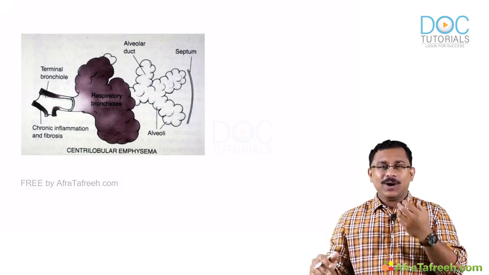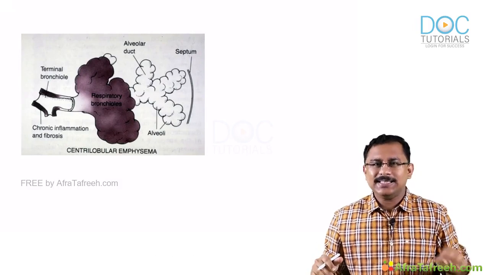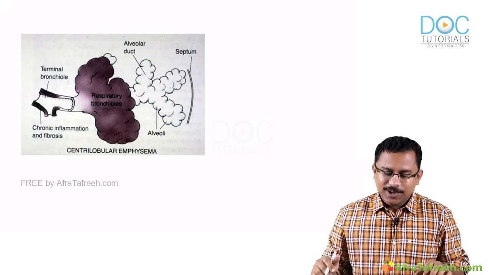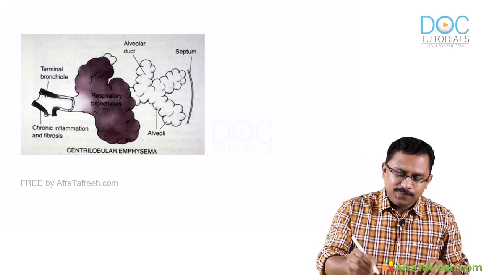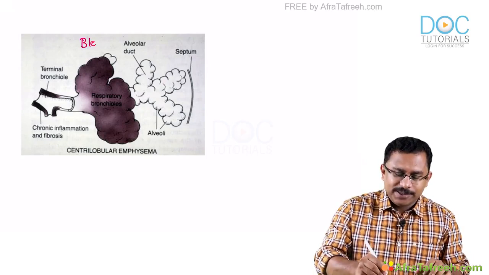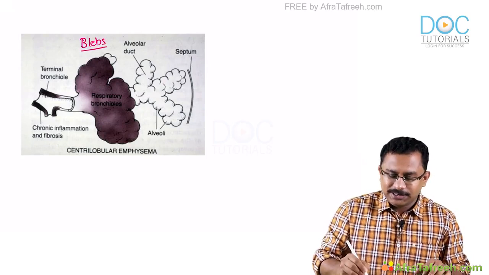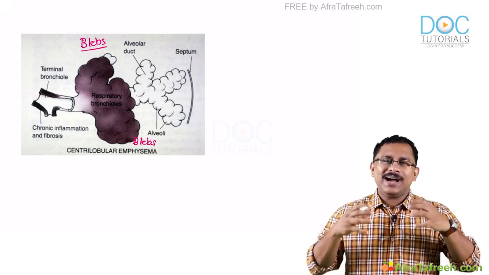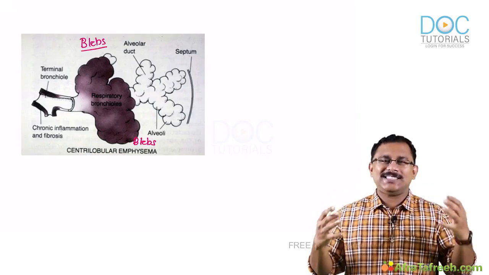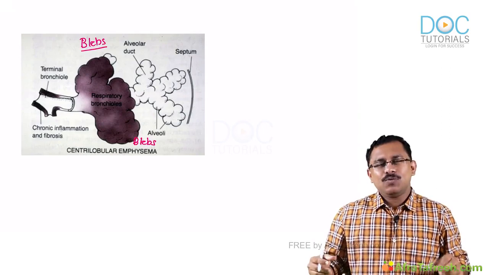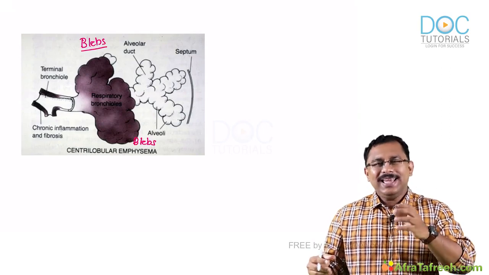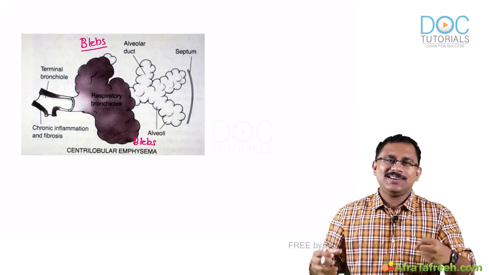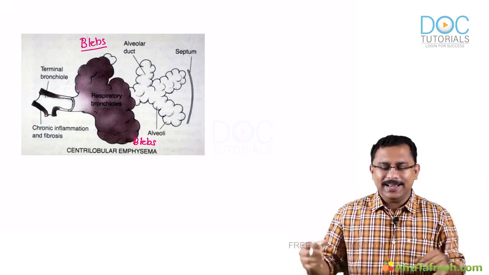Okay, so we are trying to understand the gas exchange abnormalities. Now let's see what happens here. I've already explained to you there is formation of various blebs in the respiratory bronchiole, and whenever you have the blebs in the respiratory bronchiole, all this air will get collected there.